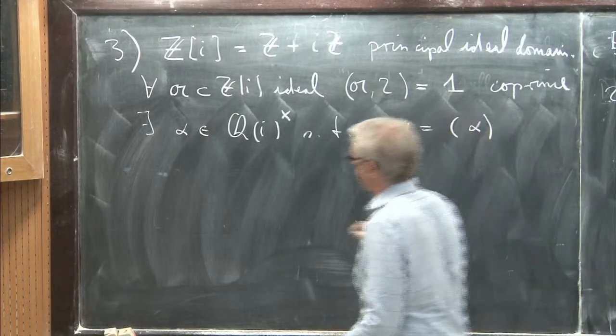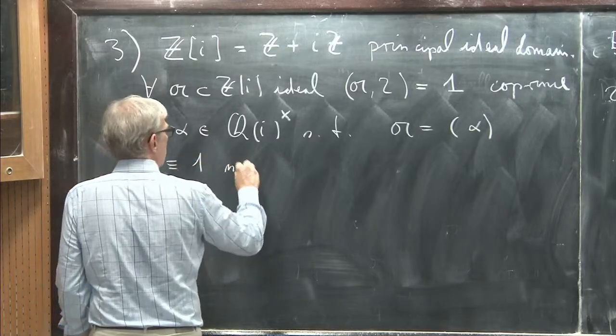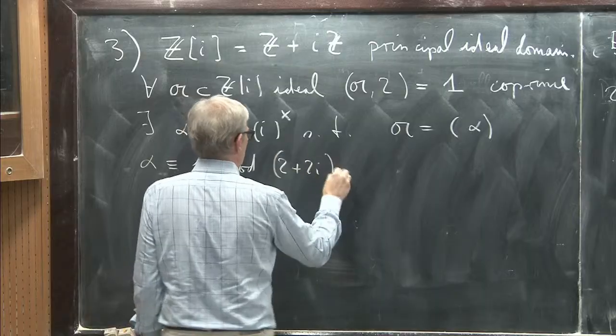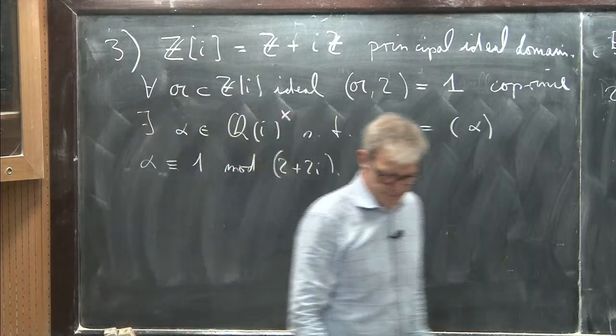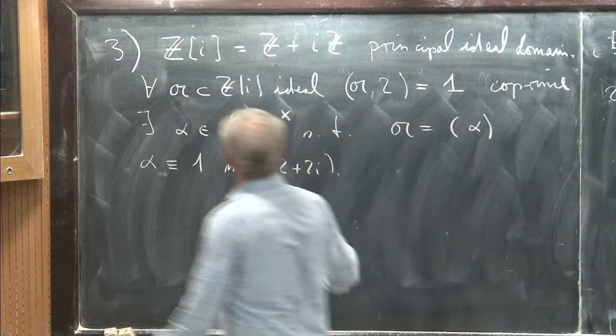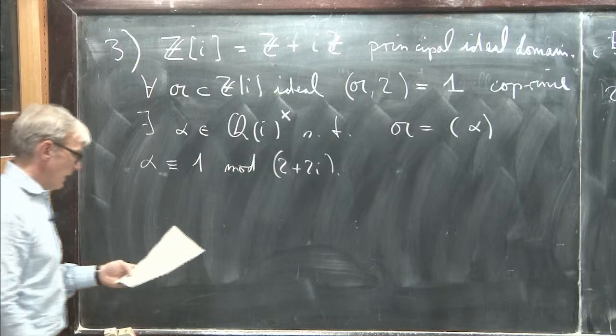And alpha can also be taken to be congruent to 1 modulo 2 plus 2i. Okay. So that looks a little bit technical.